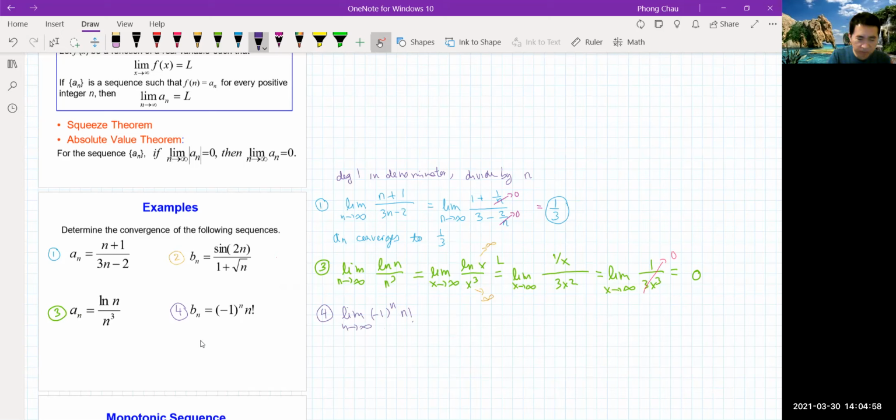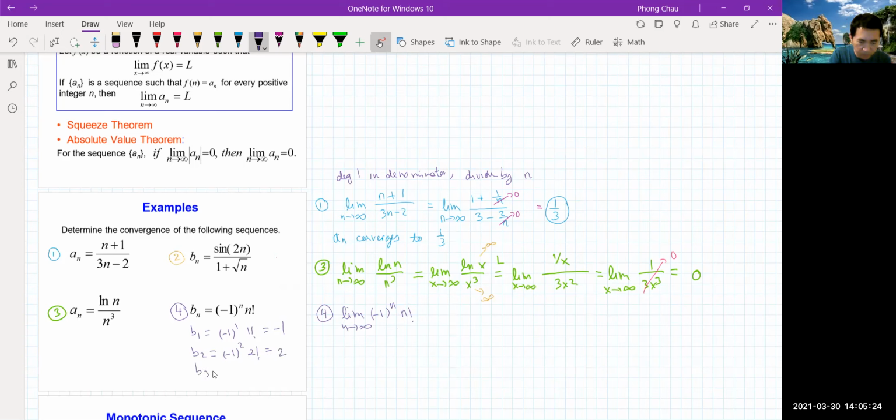But if you want to examine a little bit and look at the first few terms, when n is 1, that's negative 1 to the first and 1 factorial, so that's negative 1. When n is 2, you have negative 1 squared times 2 factorial. Now 2 factorial is 2 times 1. That's 2, so that'll be positive 2.